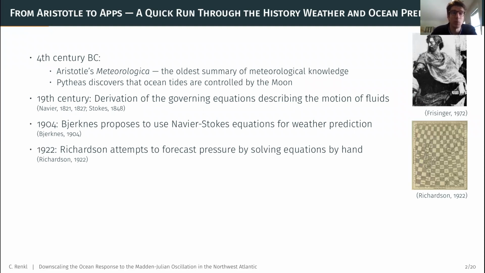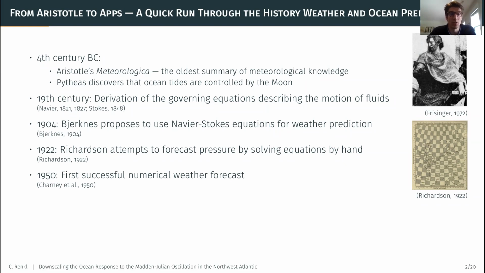And so in 1922, Richardson attempted to do that, and he discretized those equations by hand. You can see here on the right-hand side the grid over Europe, and he tried to solve it by hand. While his attempt failed, this is generally known to be the foundation of numerical weather prediction.